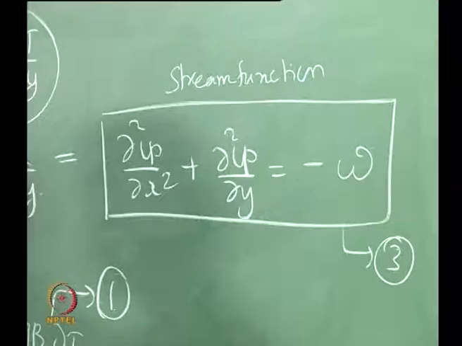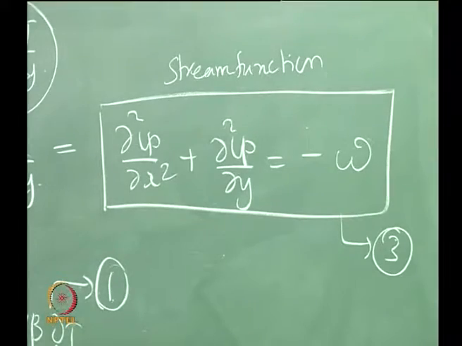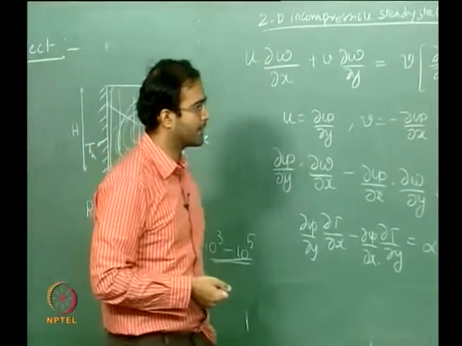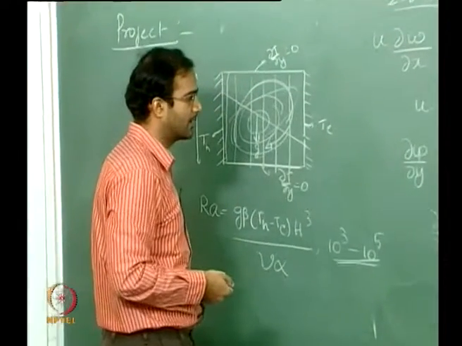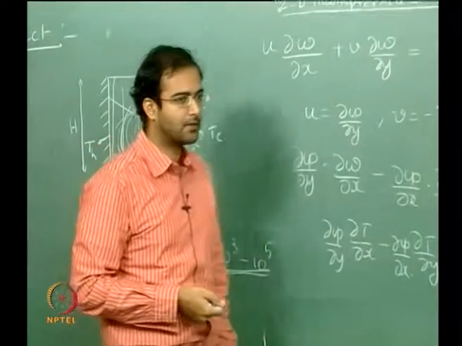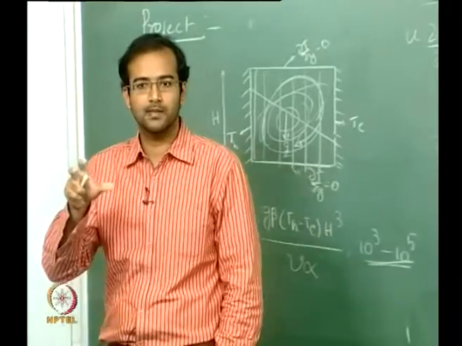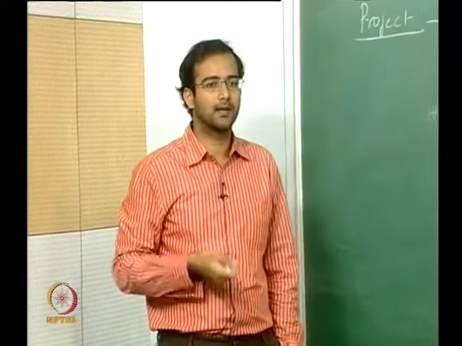So therefore you have 3 equations, 3 unknowns. One for stream function, one for vorticity and one for temperature, 3 partial differential equations and 3 unknowns, which you can solve by using the finite difference method. I think all of you have some basic understanding of finite difference from the heat transfer course in the undergraduate course already.